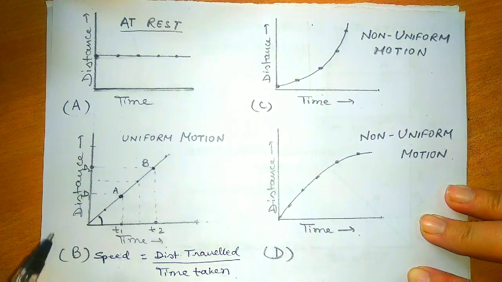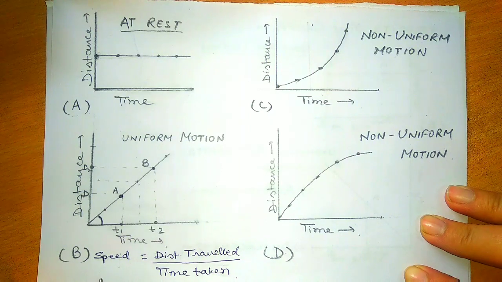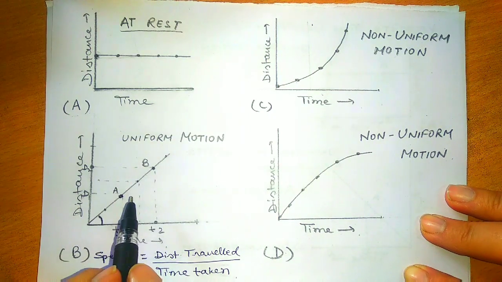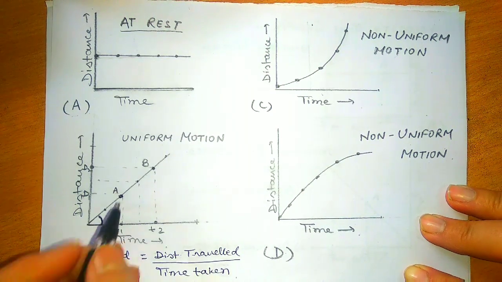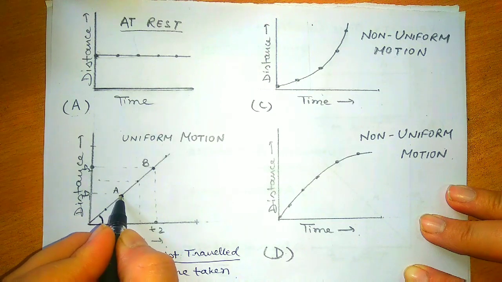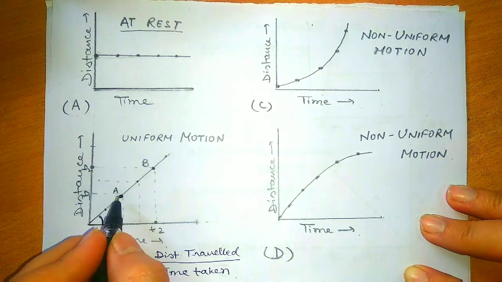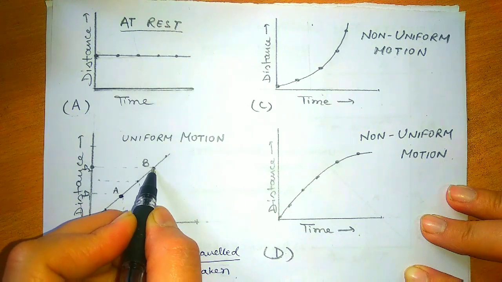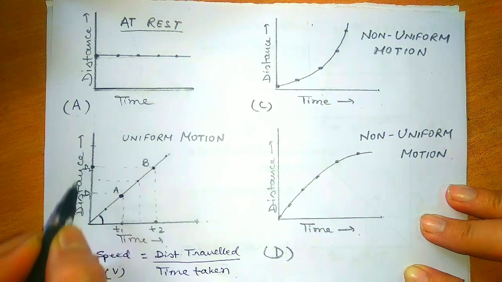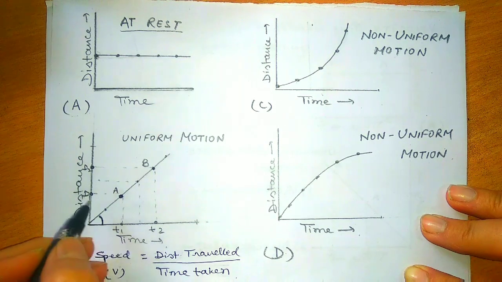Uniform speed, let me write it as V. If initially an object was at A and finally it reaches B, the distance traveled by this object is d2 minus d1, divided by the time taken.